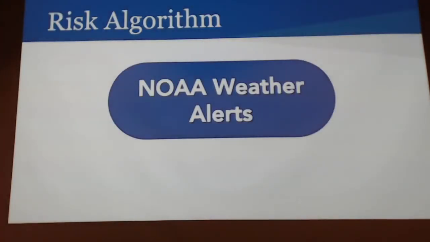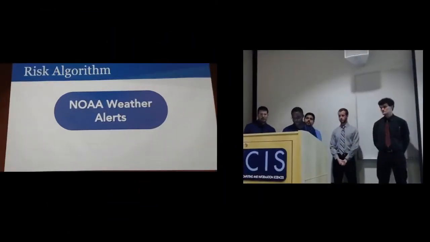And so one of the most important aspects of our system is the risk algorithm, how it works. And so that all begins at NOAA. What NOAA allows us to do is have a list of weather alerts in XML format that we pull from them. And through that we have 4 specific things that we need: the severity of the alert, the certainty of the alert, the specific where the alert is, and the type of weather.